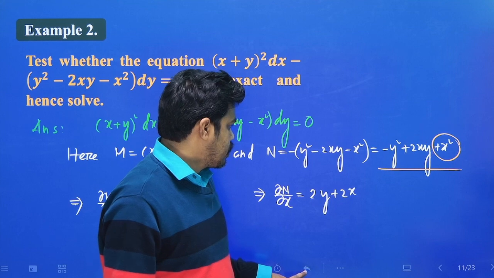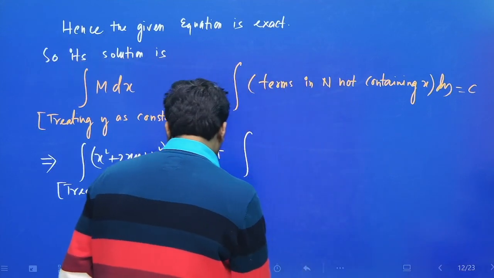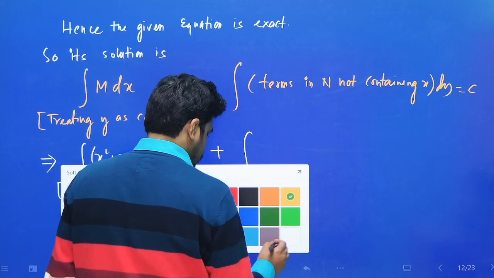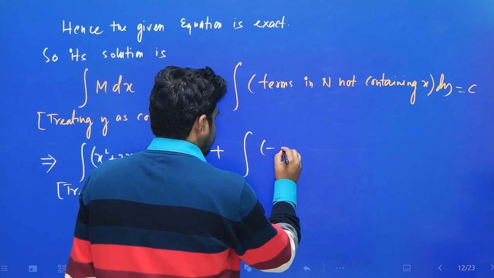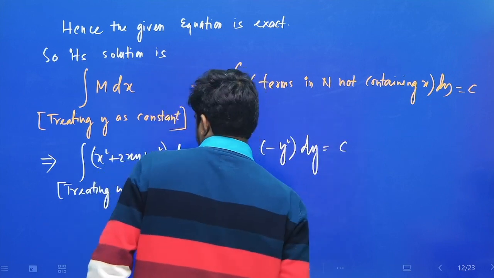Getting my point? So this will be simply minus y square. Okay, so minus y square dy is equal to c.